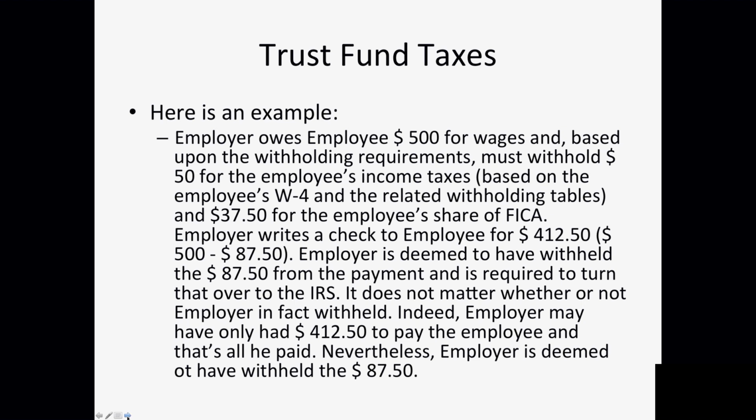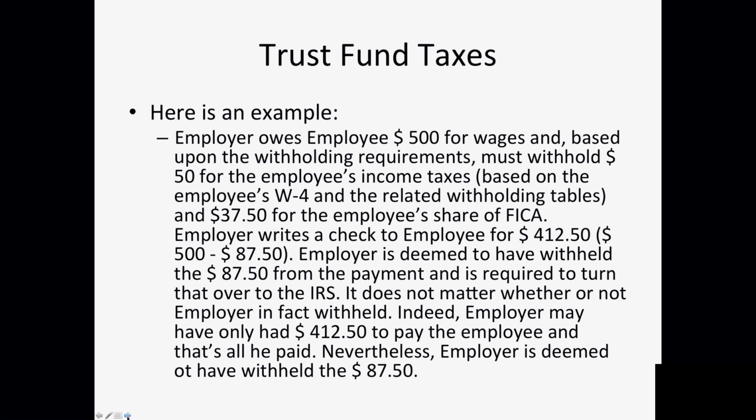That usually happens within the first month or two, but then they see the itemized list of expenses and taxes and are quick to realize that there was withholding. And in this case, the employer actually withheld a total of $87.50. Again, $50 for the employee's income taxes based on the employee's W-4 and $37.50 for the employee's share of FICA.